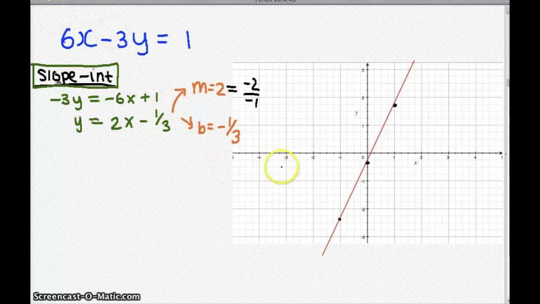Since we're not 100% sure if this is close, because -1/3 is a fraction and we're not exactly sure if that point is -1/3, we can check by plugging in points. So we can first try the intercept method.